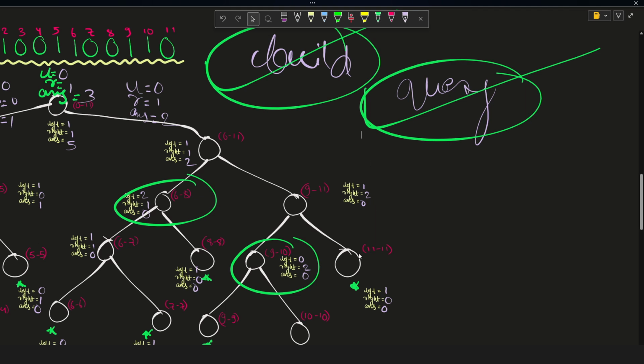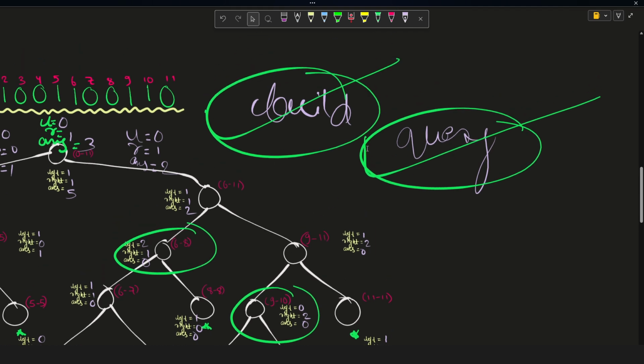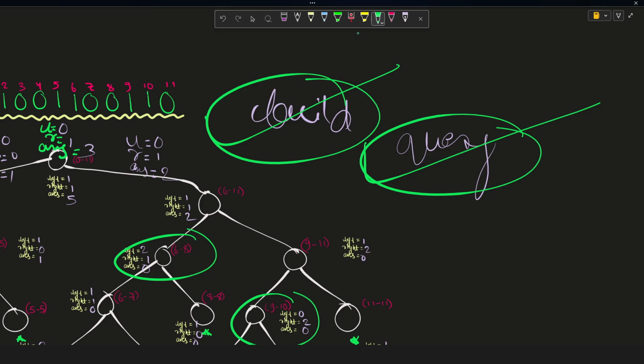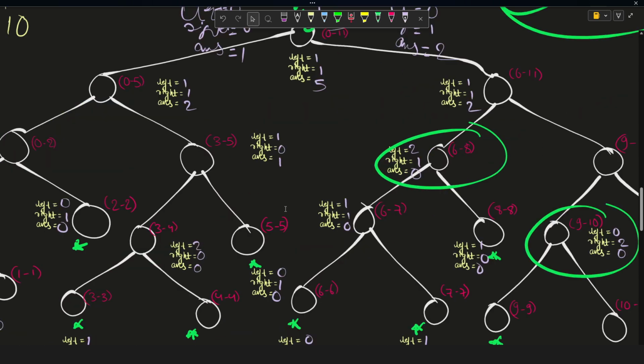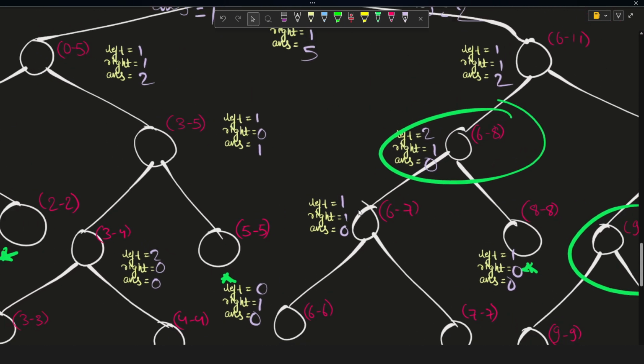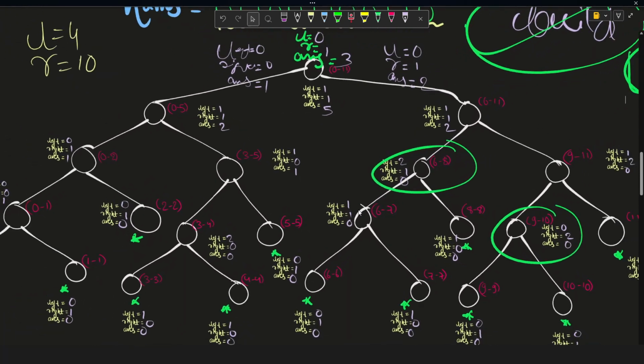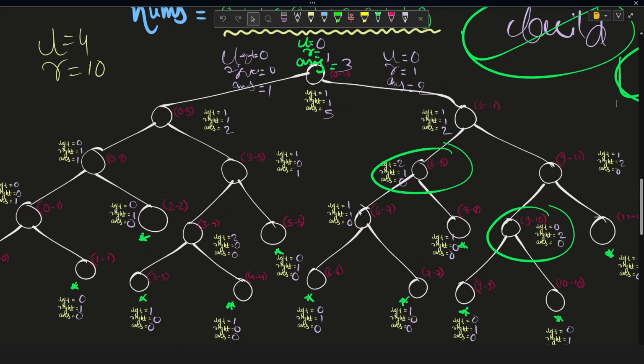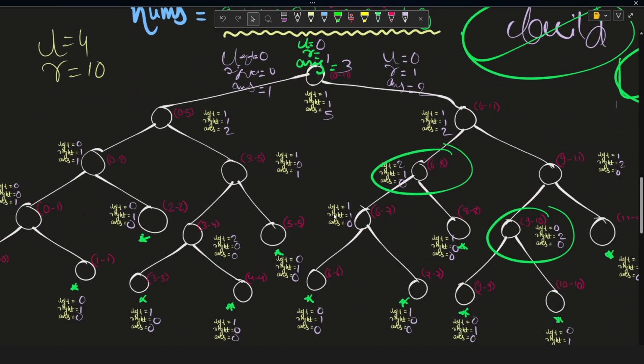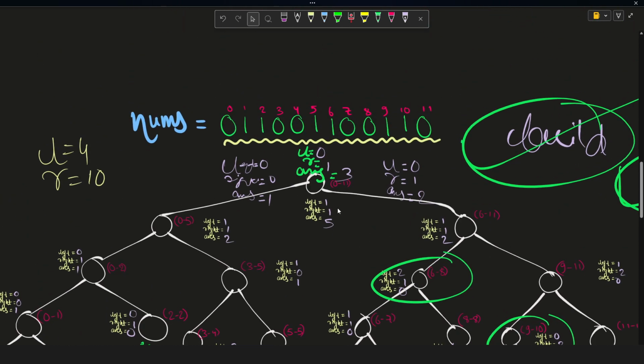There could have been, but for simplicity there was no update function needed in this problem, right? So we just need these two, that is the build and the query. So I think I am done with this right now, and now we just need to code this optimal approach in the VS Code editor, and see if that is getting submitted correctly or not.